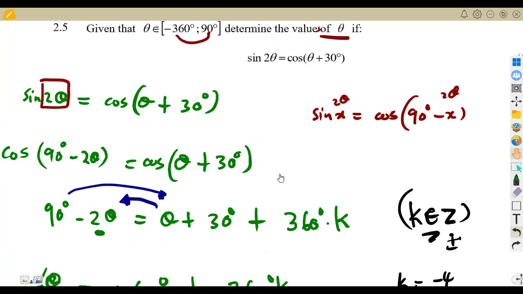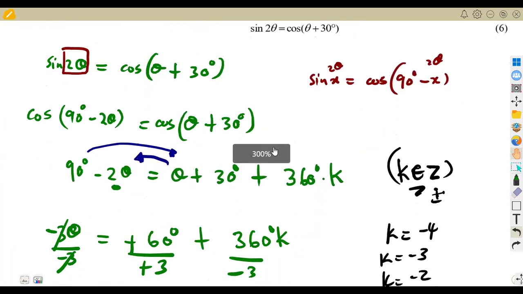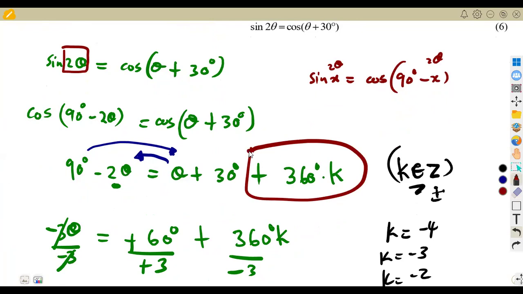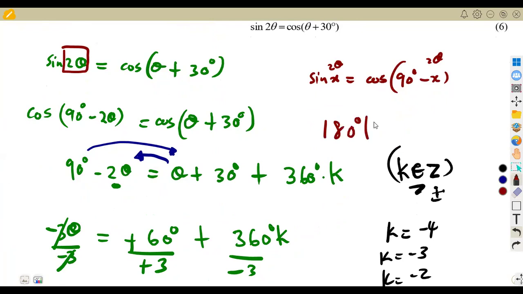And also I said for the values, if you are working with the general solution, for cos and for sine, we use plus 360k. For a tan, it will be 180 degrees times k. So please do not confuse, do not mix these two.